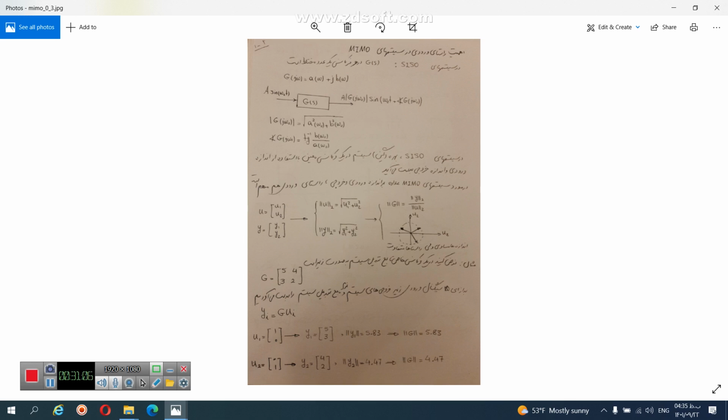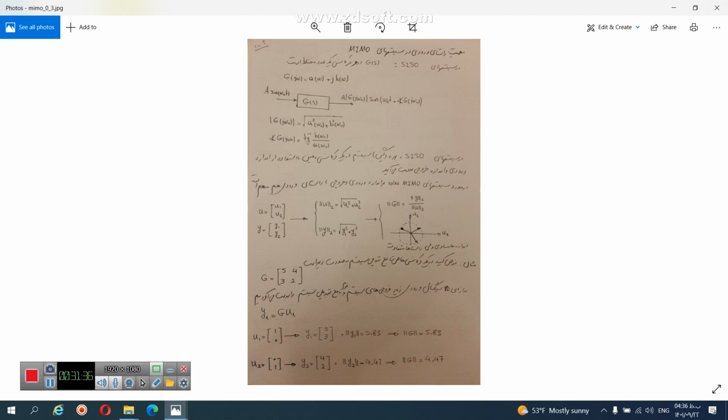We put u1 in this equation, G equals [5, 4; 3, 2], u1 equals [1; 0]. Y equals [5; 3]. 5 multiplied by 1, 4 multiplied by 0 becomes 5. 3 multiplied by 1, 2 multiplied by 0 becomes 3.